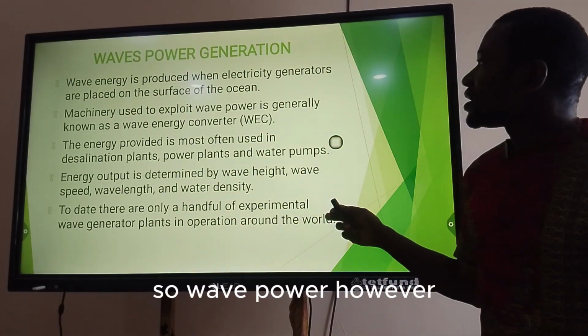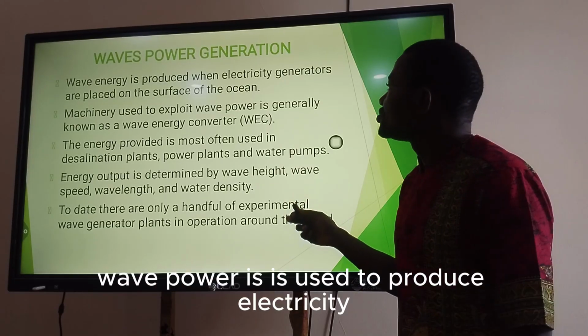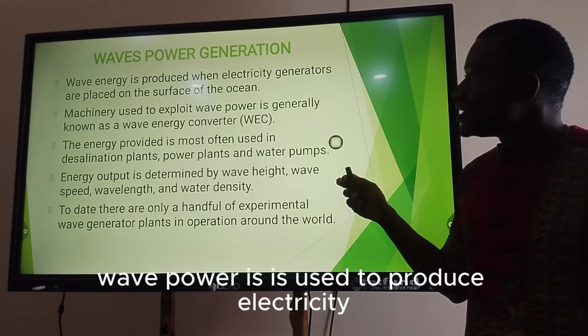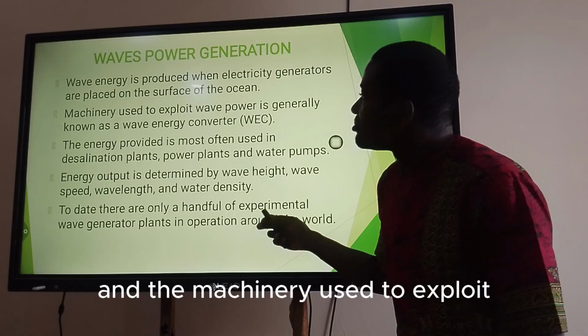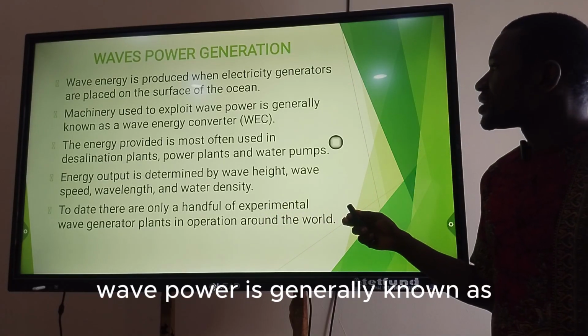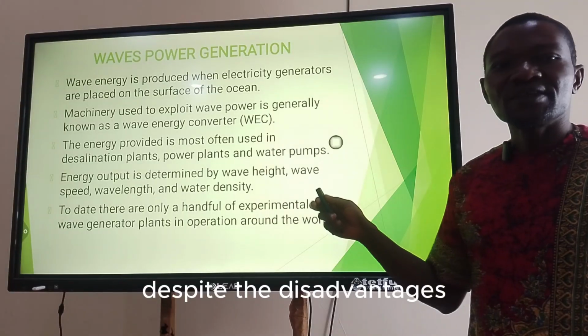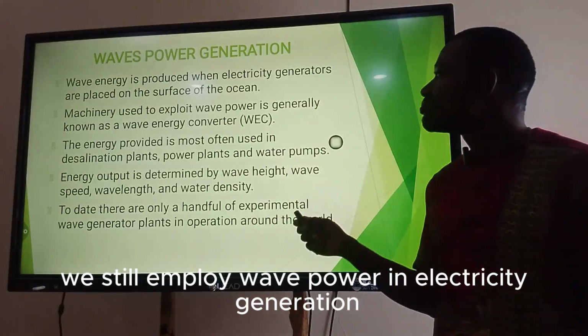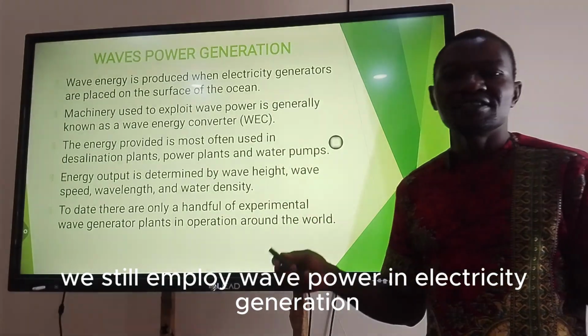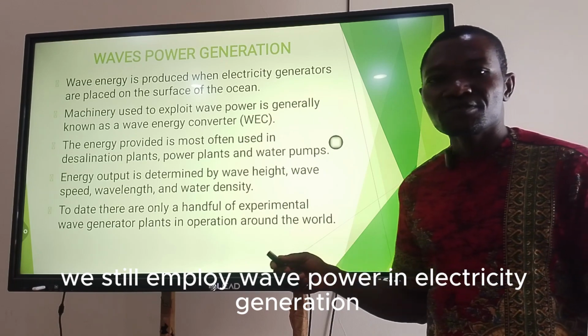However, wave power is used to produce electricity, and the machinery used to exploit wave power is generally known as a wave energy converter. Despite the disadvantages, we still employ wave power in electricity generation.